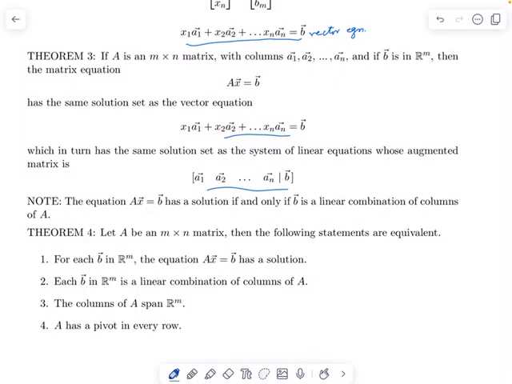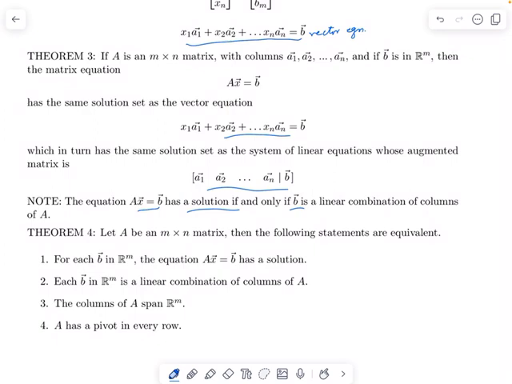Whenever you have to solve a matrix equation or a vector equation, you apply row operations on the augmented matrix. Note that the equation Ax = b has a solution if and only if b is a linear combination of the columns of A, and vice versa.